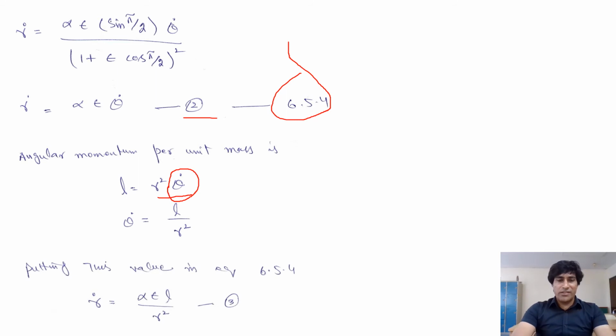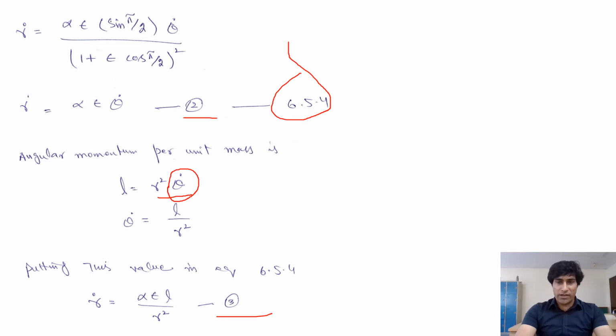By putting this value in equation 2, or equation 6.5.4, both are the same, we get r dot equal to alpha e L divided by r squared. This is equation 3.